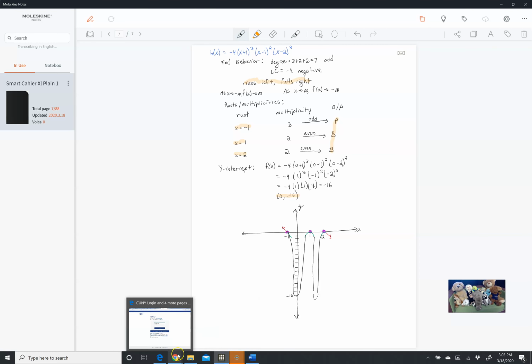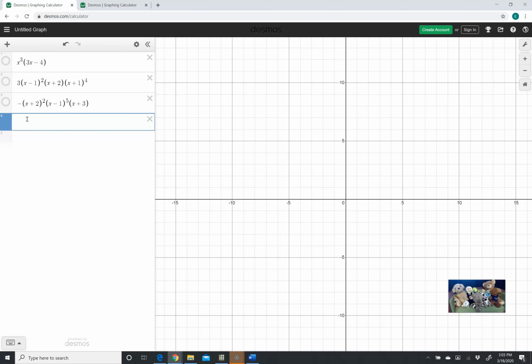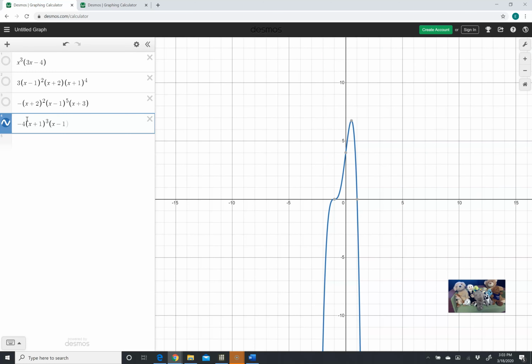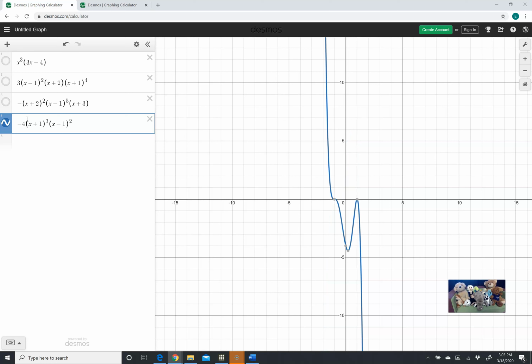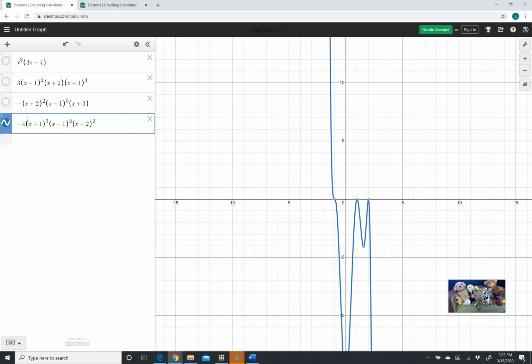And if we go into Desmos and we graph this, so this one I don't have in here, we have -4 times x plus 1 to the third power times x minus 1 squared, and then times x minus 2 squared.